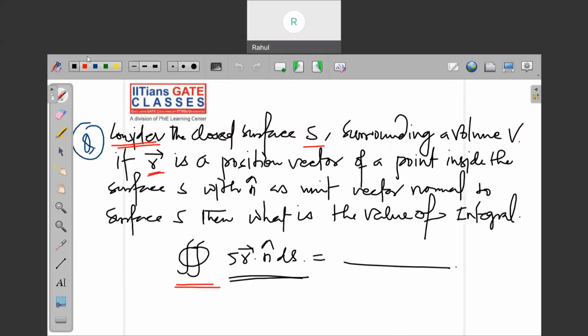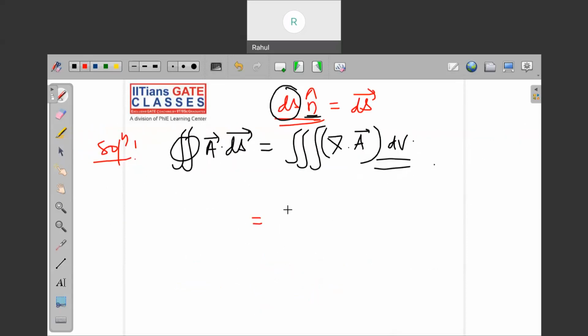In this integral you can see, recognizing the fact that this is basically the dS vector, and this is a vector A, and this 5 is a constant, so we have taken it outside. And the volume integral of divergence of the position vector r, dV.